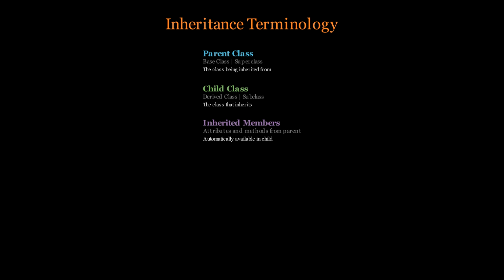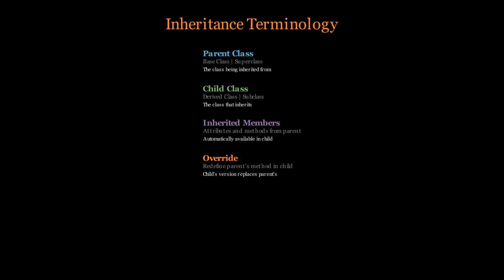Before diving into code, let's learn the proper terminology. Understanding these terms is essential for discussing and implementing inheritance effectively. The parent class, also called base class or superclass, is the class being inherited from. The child class, also called derived class or subclass, is the class that inherits.